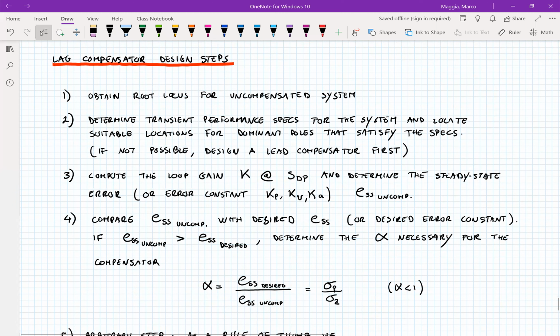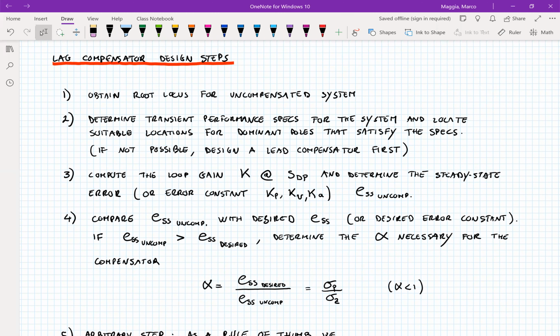Okay, so let's review the design steps for the lag compensator in the root locus context. The first thing that you want to do is to draw or obtain the root locus for the uncompensated system and determine the transient performance specifications for the system, and locate suitable locations for the dominant poles that satisfy the specifications.